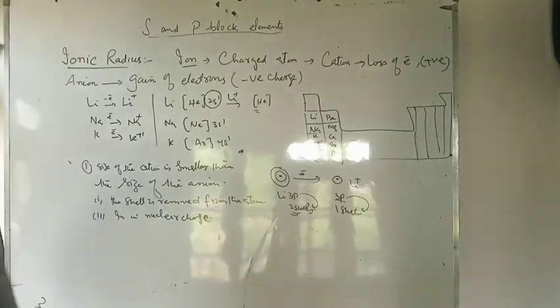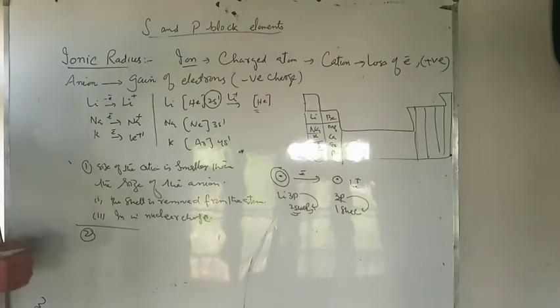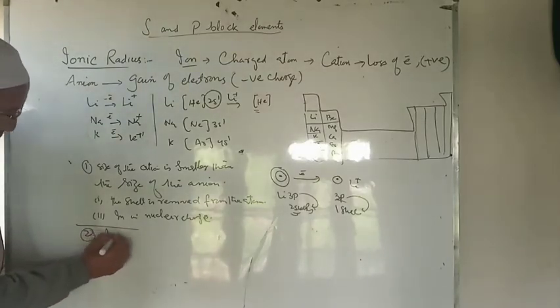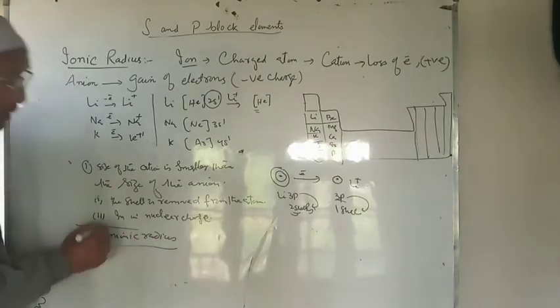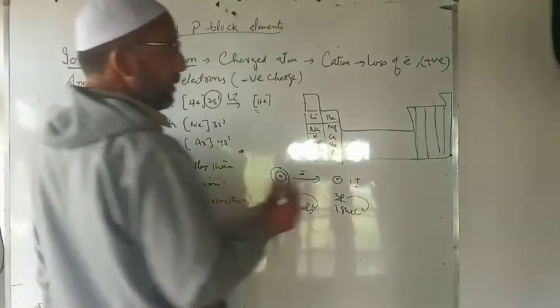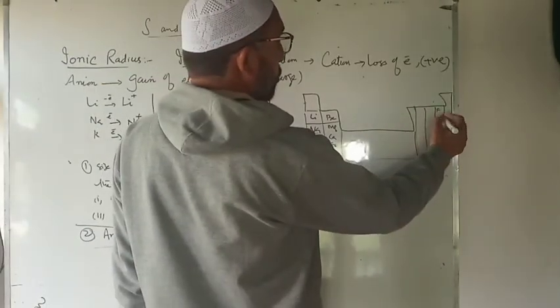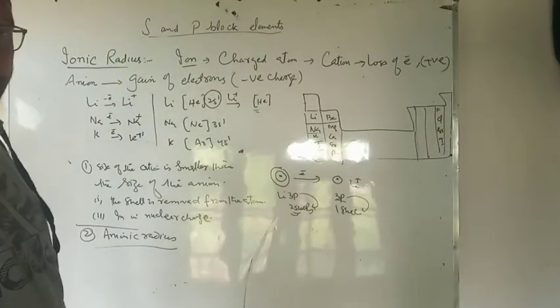Now let's come to anions. Number 2. Anions. What happens to anions? Anionic radius. Let me first take the example of the halogens: fluorine, chlorine, bromine, iodine, astatine.